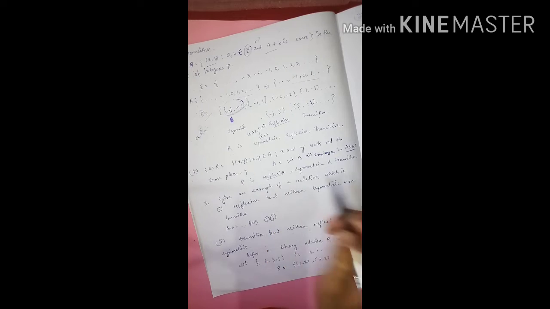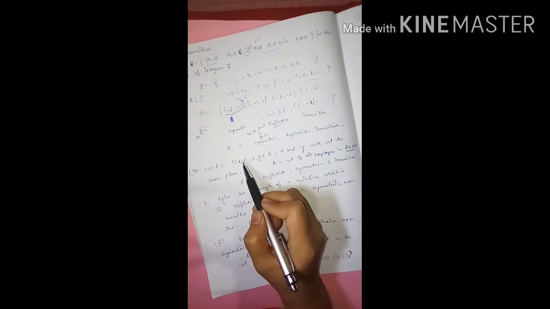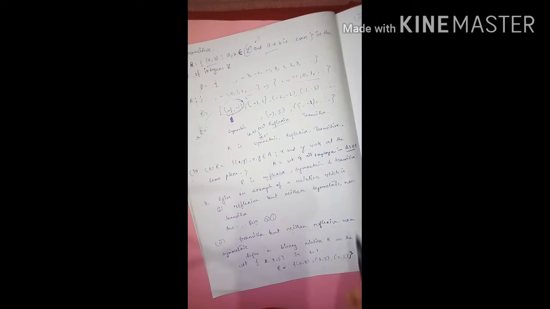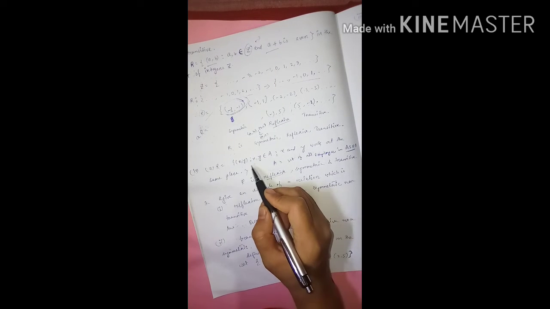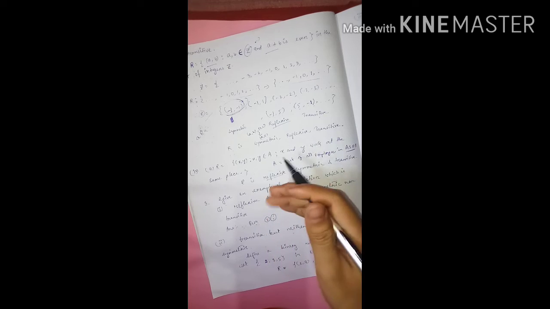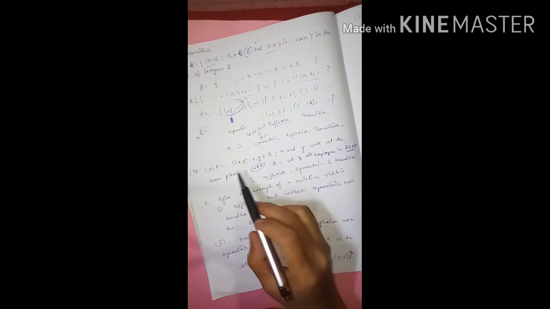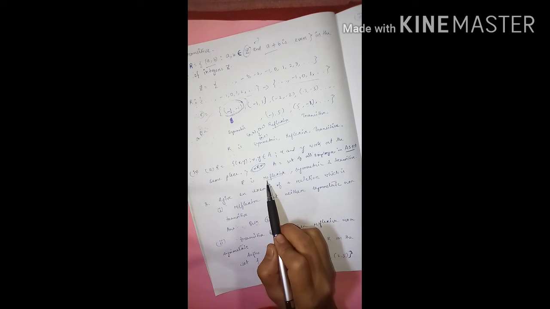Now to check reflexive, this is very obvious that R is a reflexive relation, because if we take (x, x), x is an employee of ASEB, so we have elements in the form (x, x). So R is obviously reflexive.